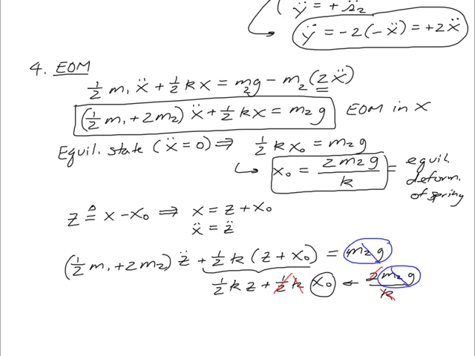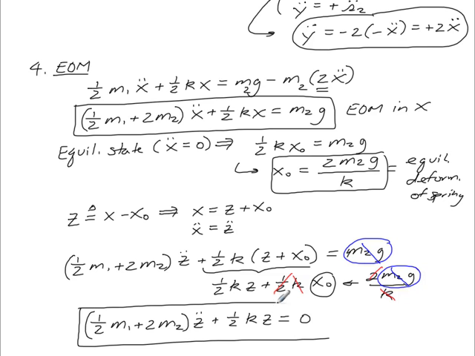What's the point? Well, the point is by writing it in terms of motion about the equilibrium state, it looks a lot like it did before, except for one major difference, and that is gravitational force doesn't appear. In other words, we have a 0 there on the right hand side.